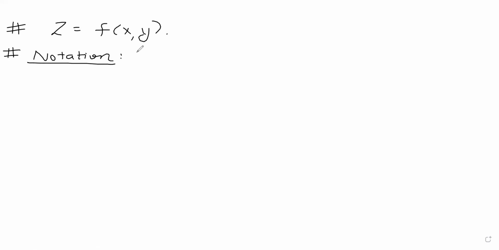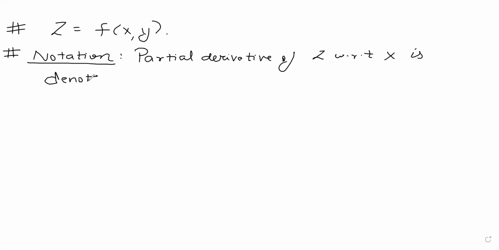So I can say the partial derivative of z with respect to x is denoted by, I can write it as del z by del x. I can also write it as derivative of the function with respect to x, del f by del x.